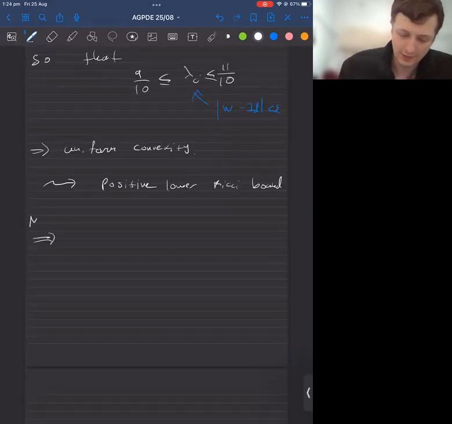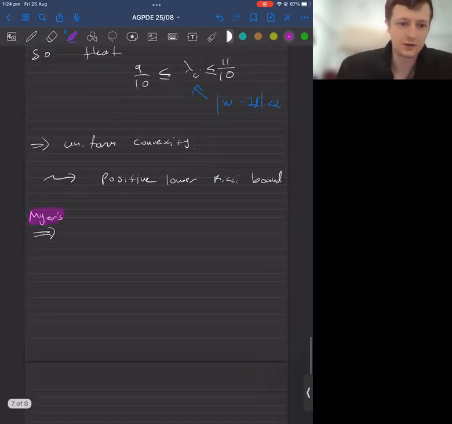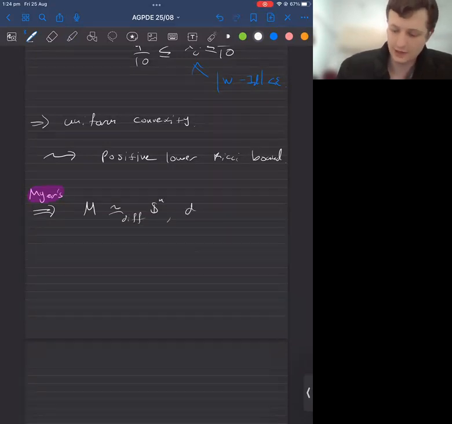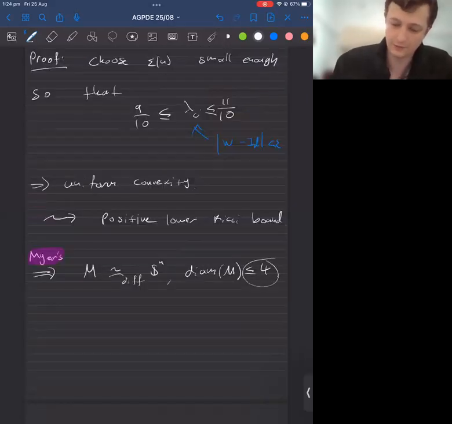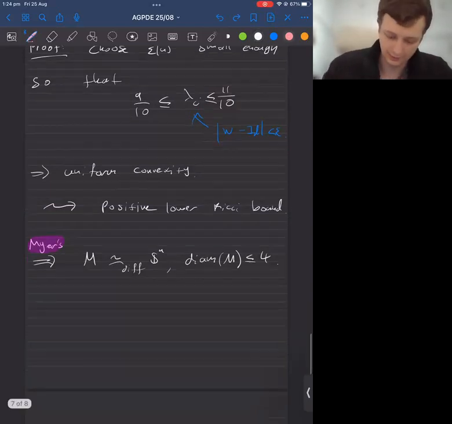So that implies by Meyer's theorem, and here I feel like you need some more general version of Meyer's theorem than the common one, that M is already diffeomorphic to S^n, and the diameter is bounded by 4. The diameter bound comes from the precise constant you work out from there.